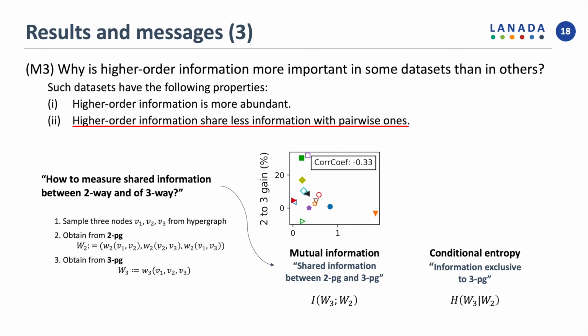Now, as expected, we observe negative correlation between 2-to-3 gain and mutual information, and positive correlation between the gain and conditional entropy, which implies that if higher-order information has exclusive information compared to pairwise ones, then higher-order information is more useful.